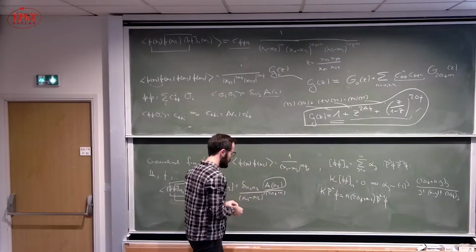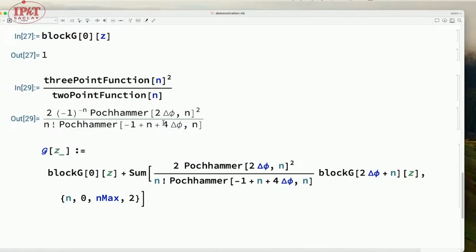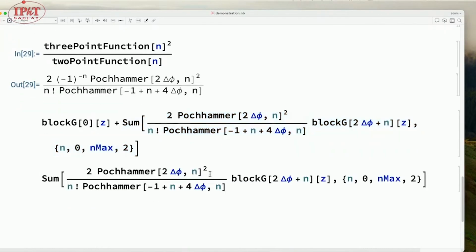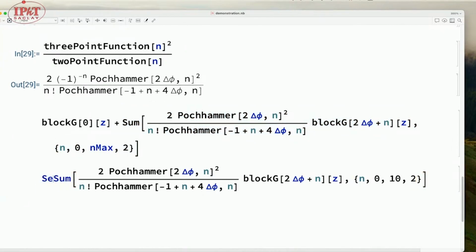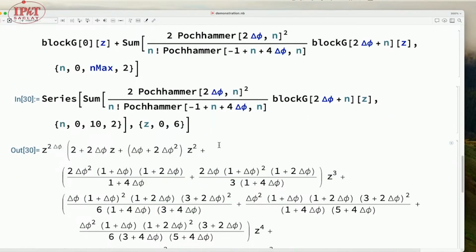So let's just check this, that we didn't make any mistake. Let me get rid of that. So yeah, let's just look at the sum up to say some order 10, and look at its series expansion around small z, to order 6. So far, okay.